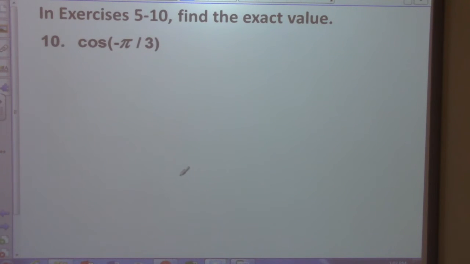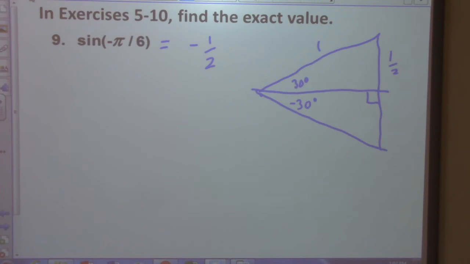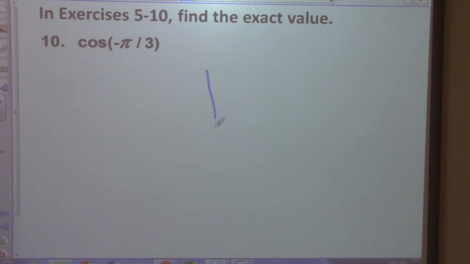Last one here, number 10, cosine of negative pi over 3. So we have negative pi over 3, and we're looking like this, right? And what reference angle is this going to be? It'll be a 60 degree reference angle right here.